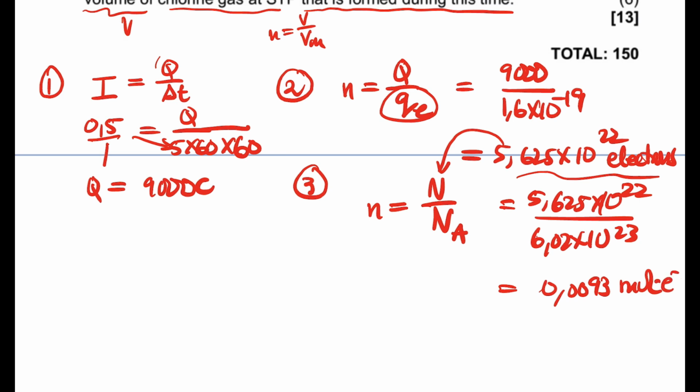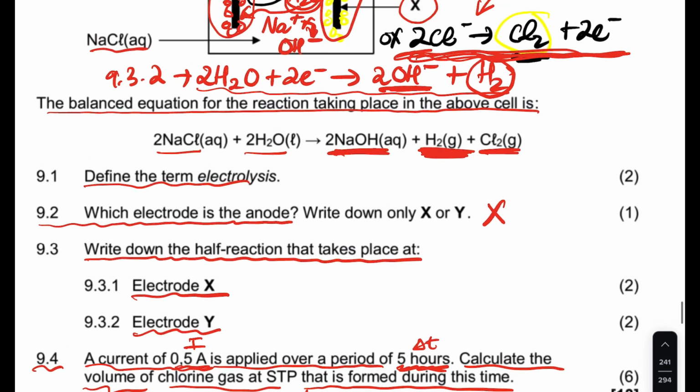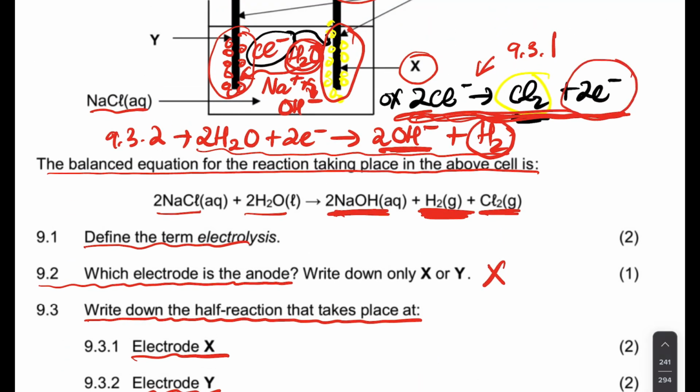So step number 4, we are changing the mole of electrons into moles of chlorine gas. The mole of electrons is the mole in terms of electrons. So how many electrons are there in the chlorine? It's 2 electrons.